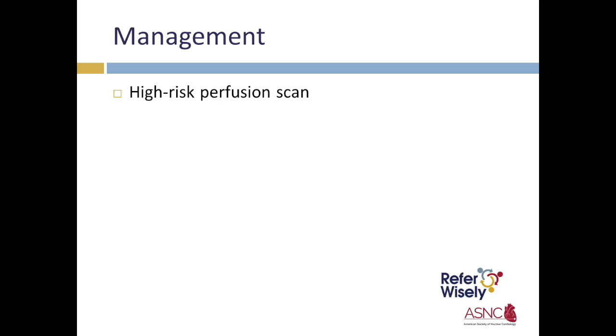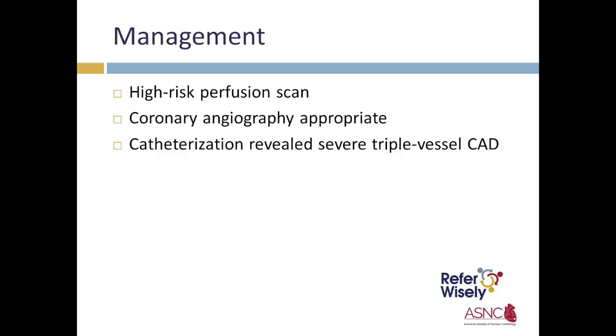So now we have a whole different perspective on how to evaluate the patient. We have a patient with known diffuse vascular disease, peripheral vascular and coronary. Symptoms of angina that were significant were masked by other symptomatologies of peripheral vascular disease, but she has a high-risk myocardial perfusion scan. And in that case, coronary angiography was appropriate. She underwent coronary angiography, which revealed severe triple vessel coronary artery disease.